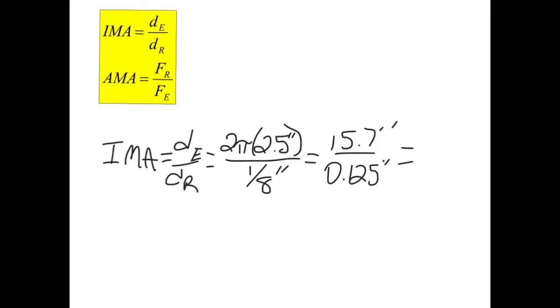When you take 15.7 inches divided by 0.125, you get 125.6 as your IMA. And of course your inches are going to cancel out. This is a very high IMA. You'll find that your screws will have very high IMAs, but most of the time the AMAs will not be quite as high.